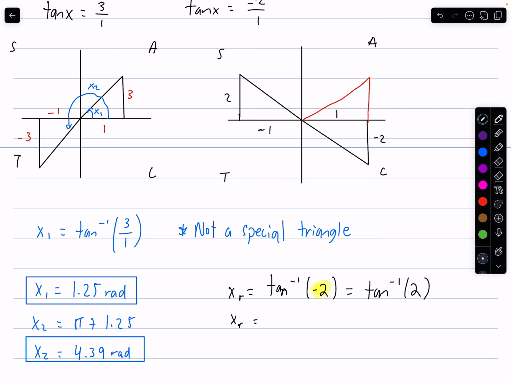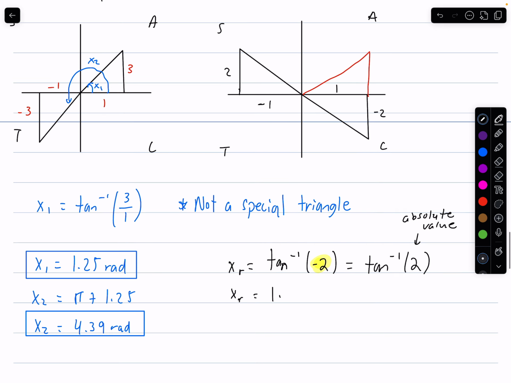And I'll show you why. It'll make a lot more sense as I go through it. So when I do the tan inverse of positive 2, you end up with 1.11 rad. So that means if this angle were to exist in the first quadrant, it would actually be 1.1 rad.